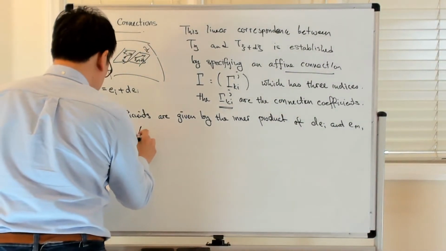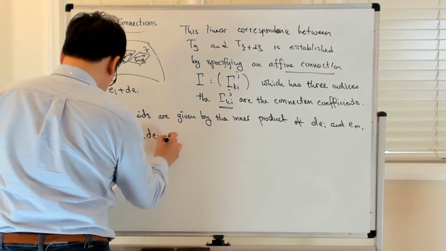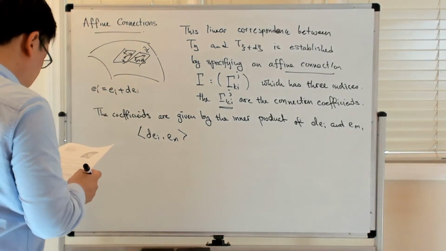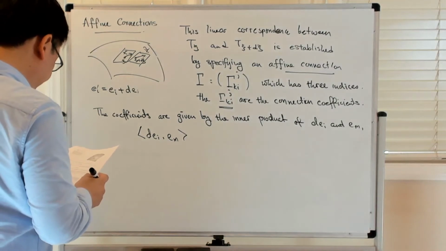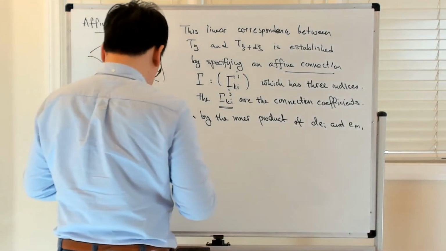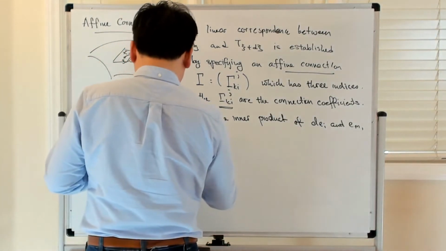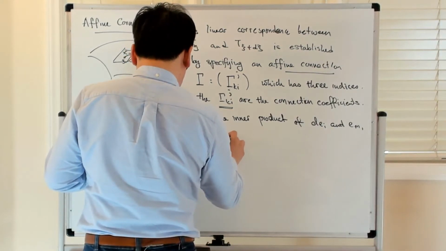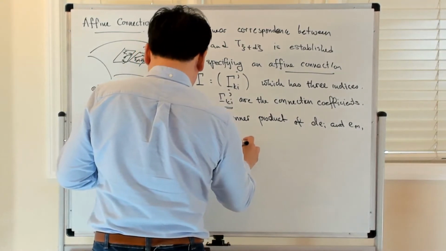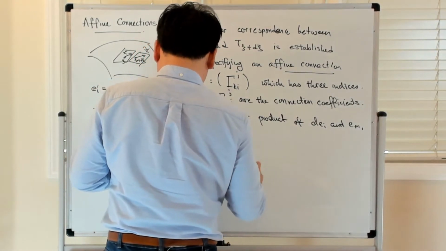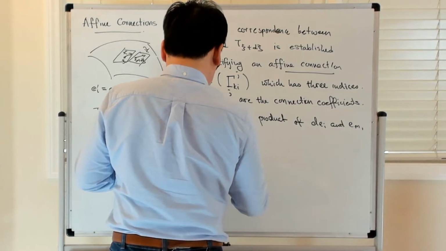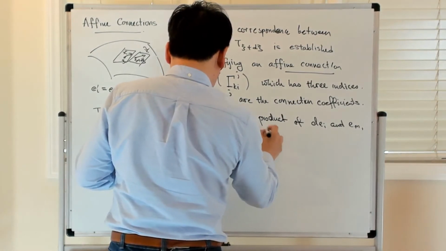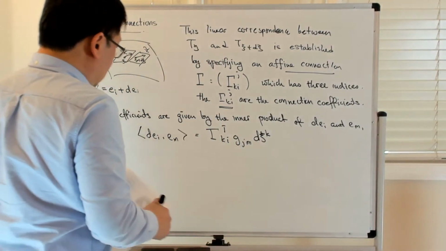Okay, so D e_i, e_m is equal to gamma^k_ij g_jm, D cos c_k.